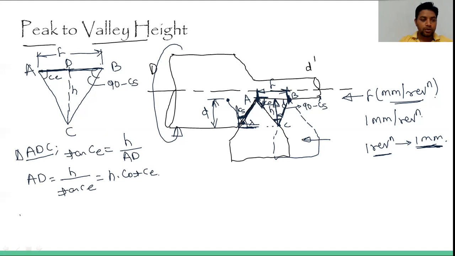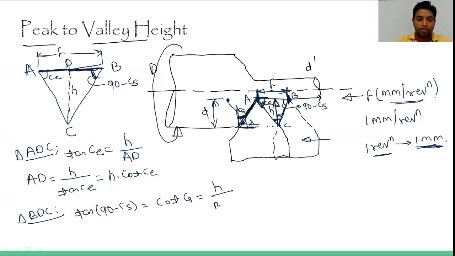Now from the other triangle, BDC, we have to find the relationship between BD and CD. Here the angle is 90 minus CS, so tan of 90 minus CS becomes cot CS. Again, perpendicular upon base, so this will be h upon BD.